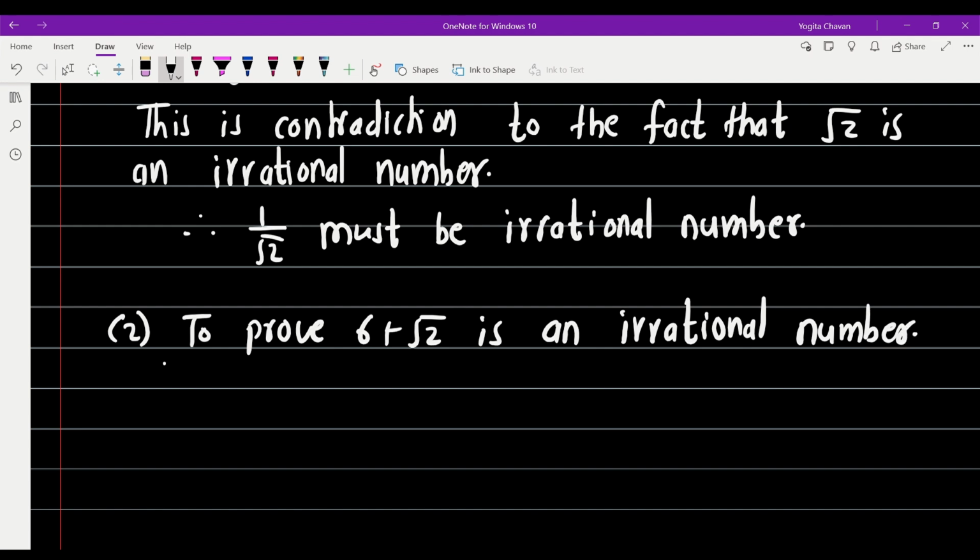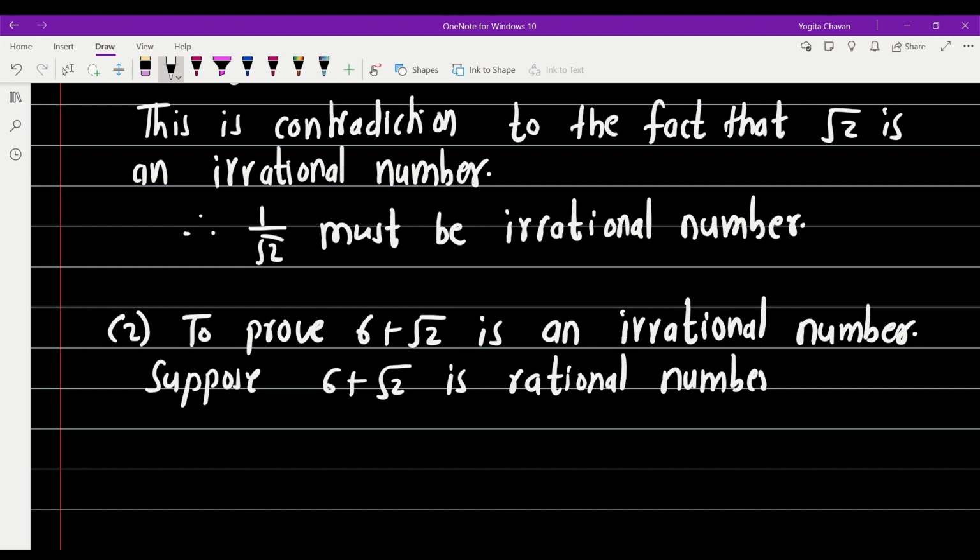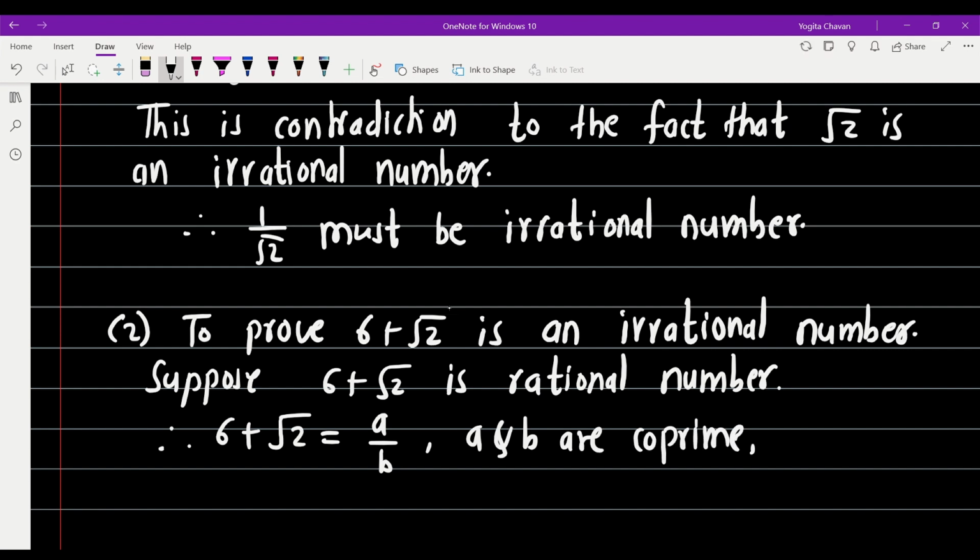So suppose 6 plus root 2 is a rational number. Therefore, this 6 plus root 2 is equal to a by b. Again, a and b are co-prime, with denominator b not equal to 0.